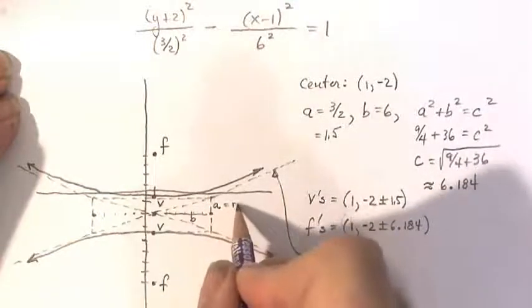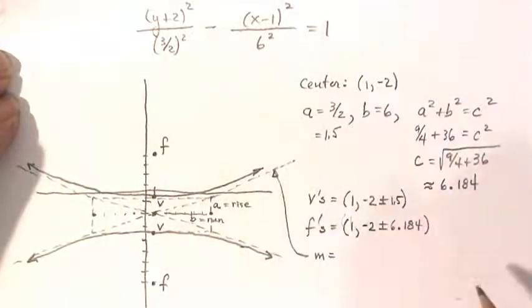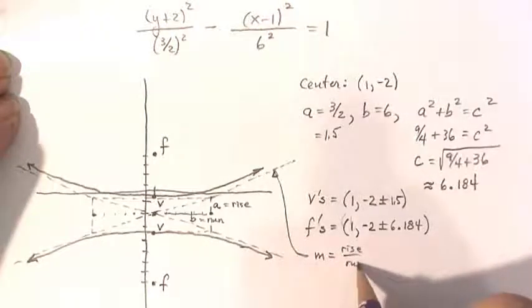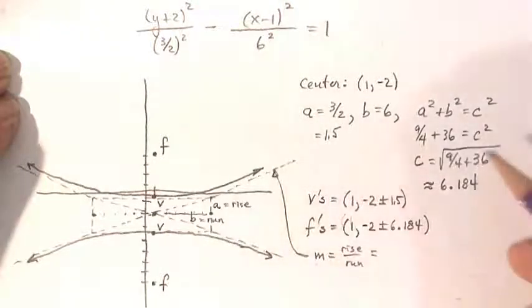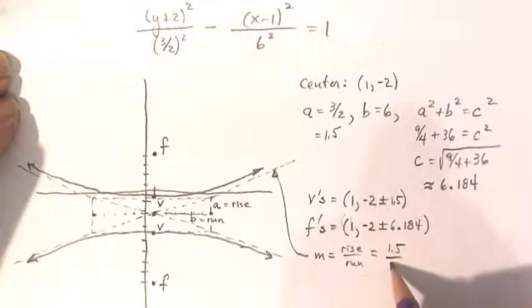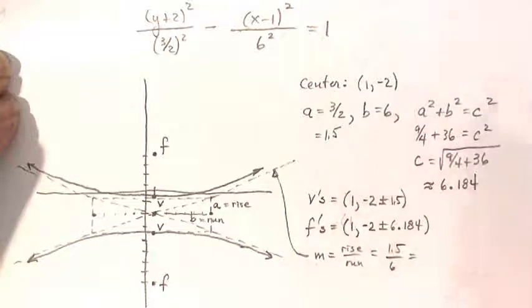So a is the rise, and b is the run. So the slope is rise over run, which will be 1.5 over 6. And this is equivalent to 1 over 4.